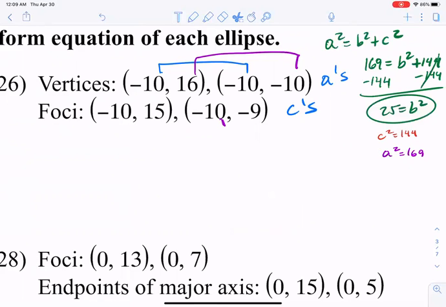Now I need to find out what my center is. That's pretty easy. Look, center. What's fixed for my vertex? For my vertex, what's fixed was negative 10. Now I need to find out the y value and I'm done. What is the midpoint between negative 10 and 16? There are 26 units, we said, right? So there are 26 units from negative 10 to 16.